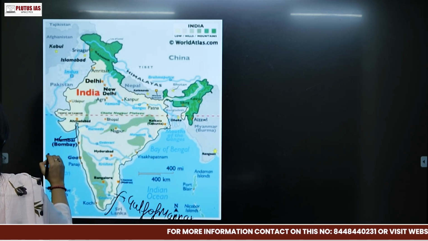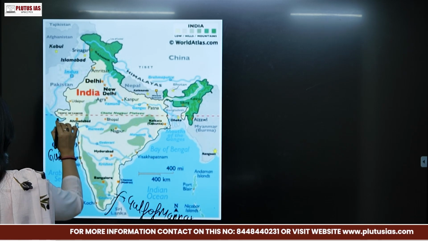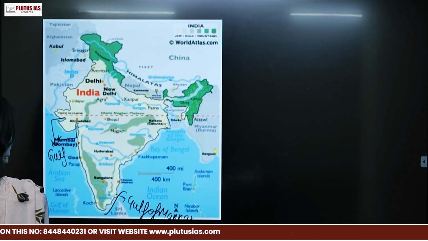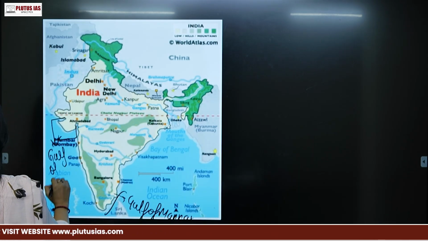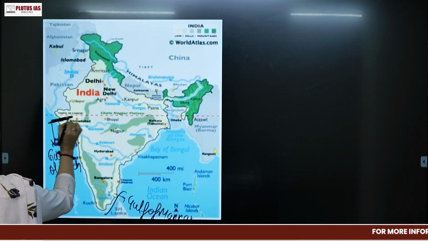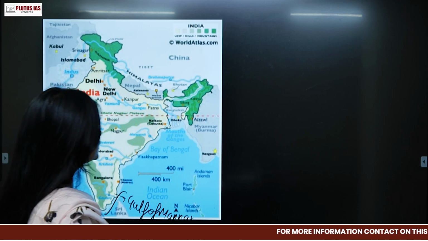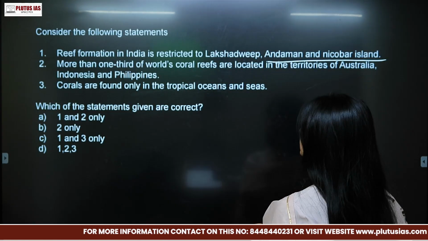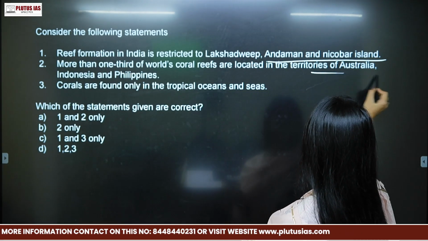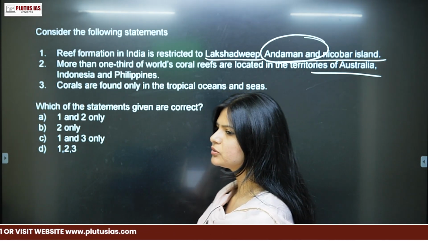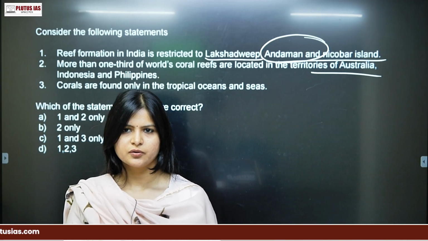They are found in the Gulf of Kutch, here on this side. And also they are found in Andaman and Nicobar and Lakshadweep. So this is not the only place where they are found.